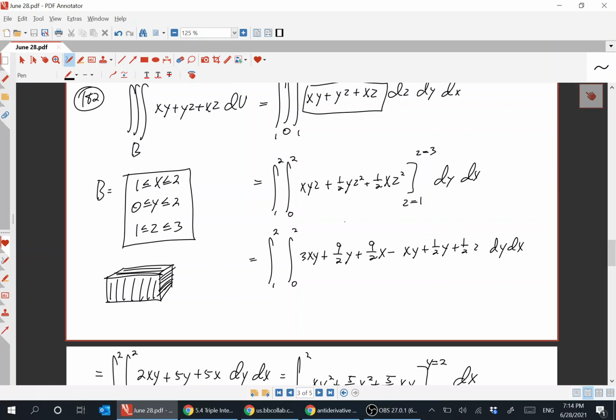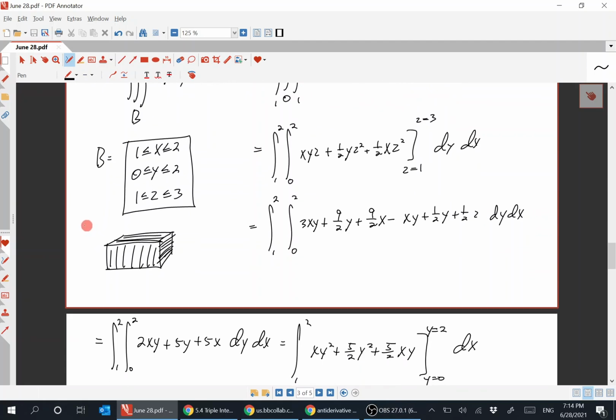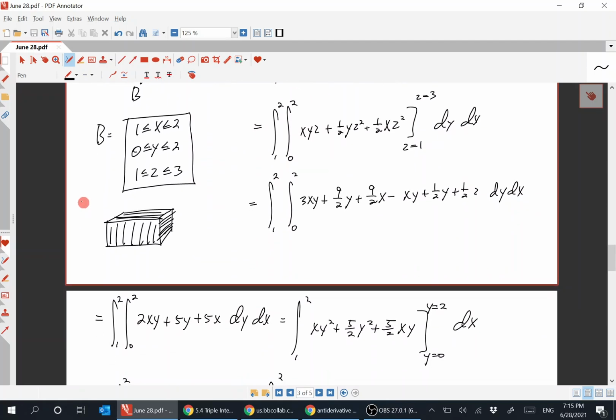So 1/2 xz squared, 1/2 yz squared, xyz from 3 to 1. So it's 2xy plus 9/2 y minus 1/2 y.